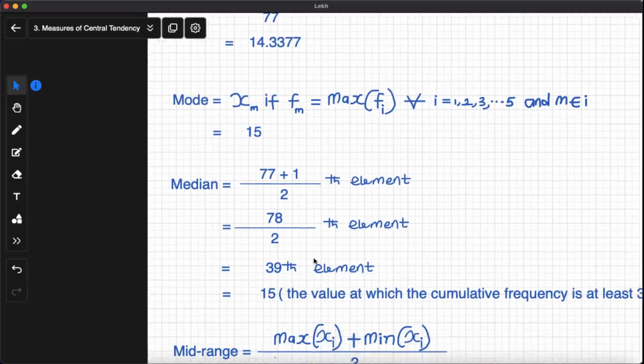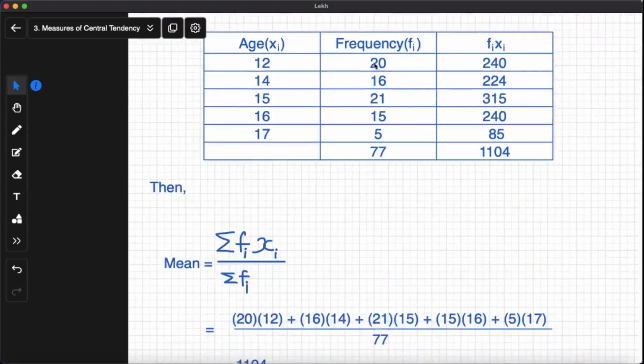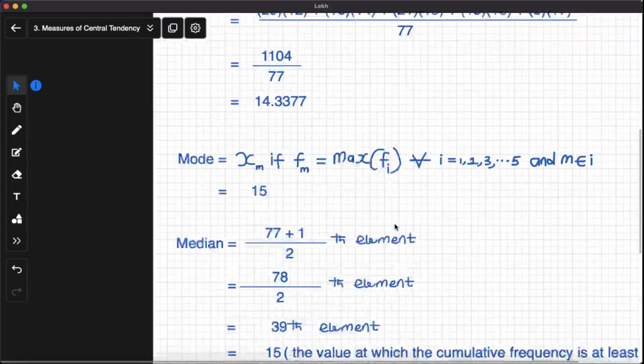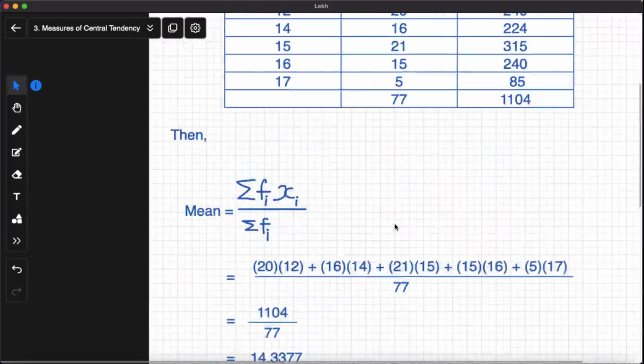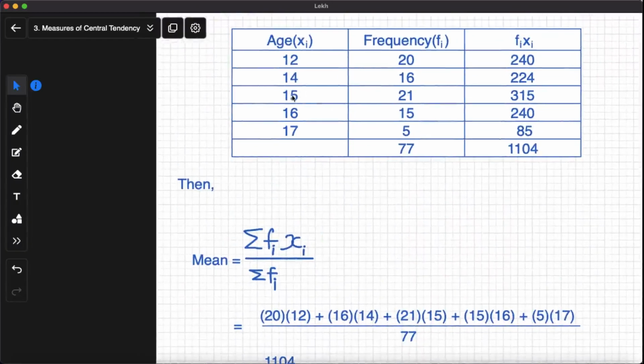And the 39th element, how do you get it? Keep adding the frequencies. So 20 plus 16 gives you 36, so it's not 39 yet. If you add 21 to 36, that's going to be greater than 39. So that's the first value that has a cumulative frequency of at least 39.